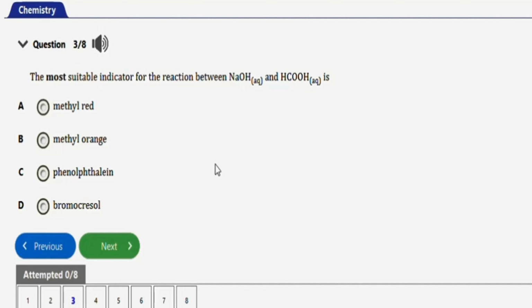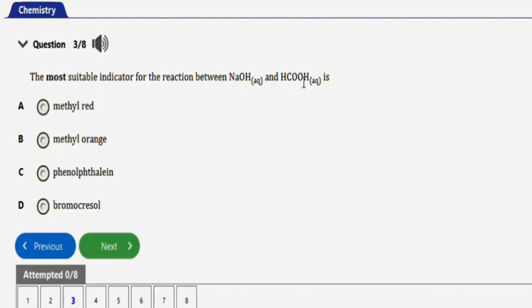Now guys, take note of this. When a strong base is reacting with a weak acid, the suitable acid-base indicator will be phenolphthalein. In this case, sodium hydroxide is a strong base, and methanoic acid is a weak acid. So the right indicator here will be phenolphthalein.